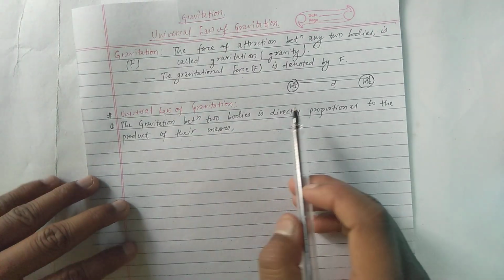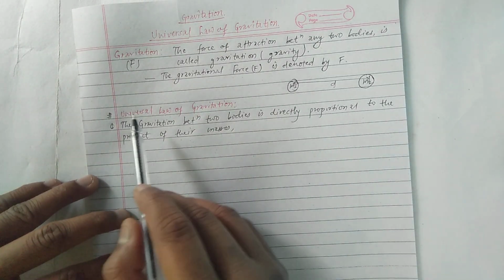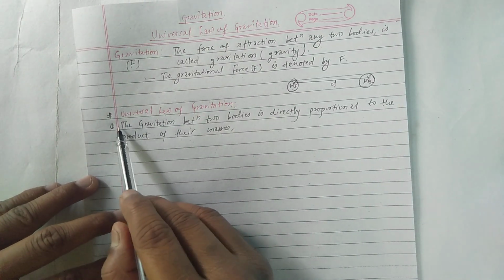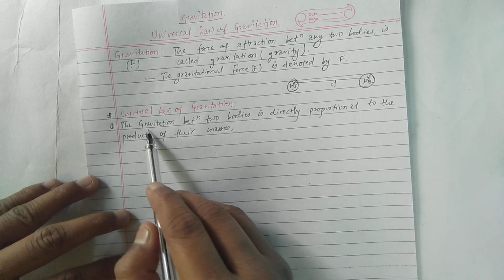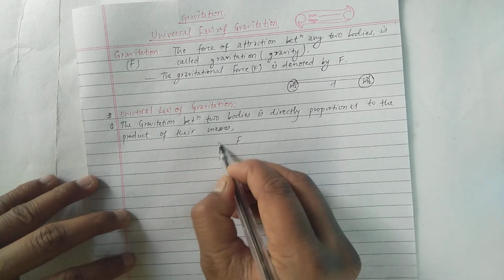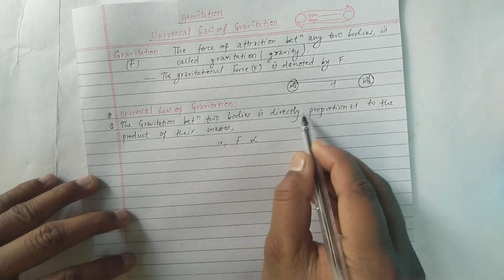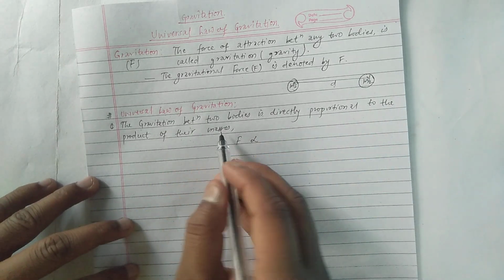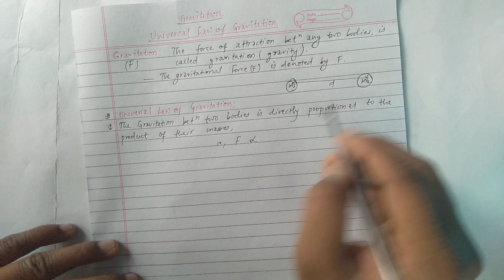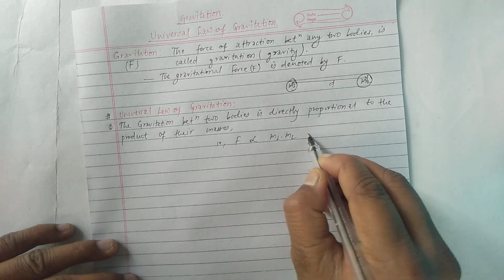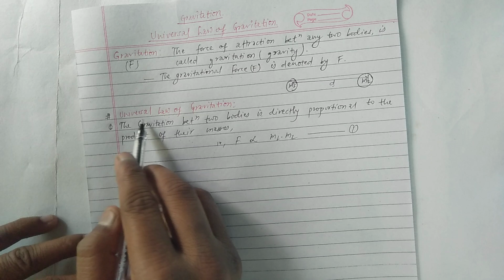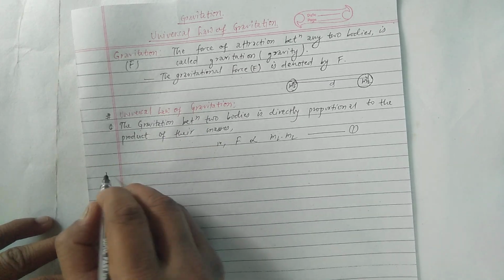So if you analyze this figure, Newton's first law gives that the gravitational force F is directly proportional to the product of their masses, meaning m1 and m2. F is directly proportional to m1 and m2. Okay, so this is our universal gravitational first law.